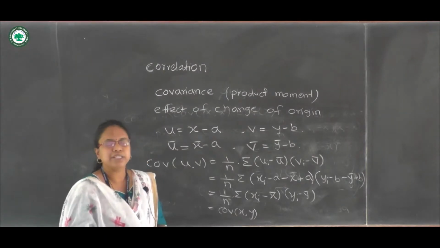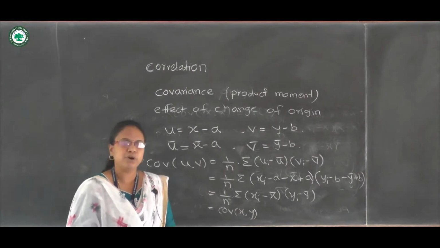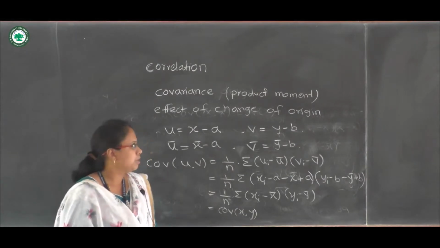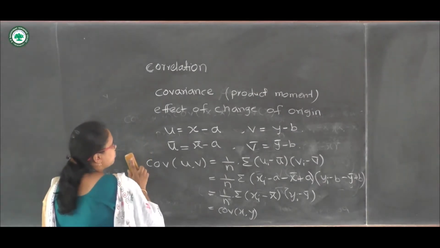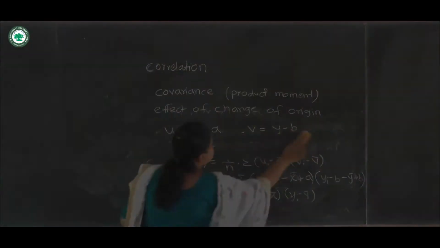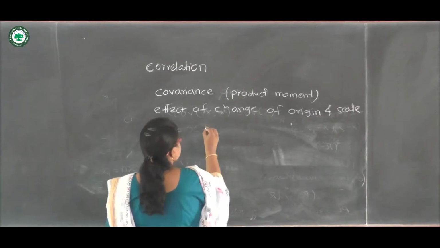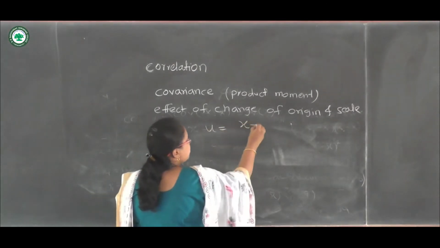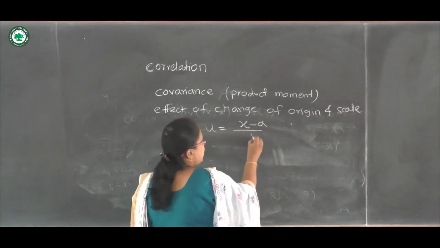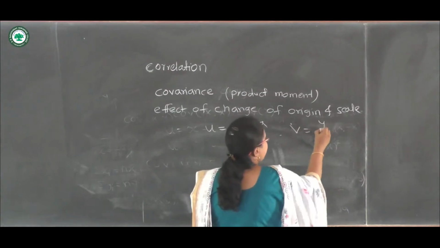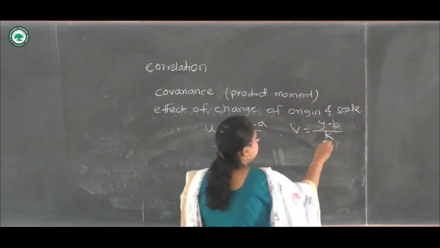Let us see whether there is an effect of change of scale on covariance. For that purpose, the next property of covariance: let us suppose u equals x minus a upon h and v equals y minus b upon k.